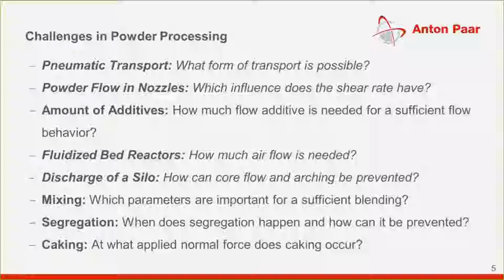Another example is fluidized bed reactors, where the fluidization properties can quite strongly influence how the powder behaves. Then one last example that I'd like to give you before we start off with influences on powder behavior is the discharge of a silo.